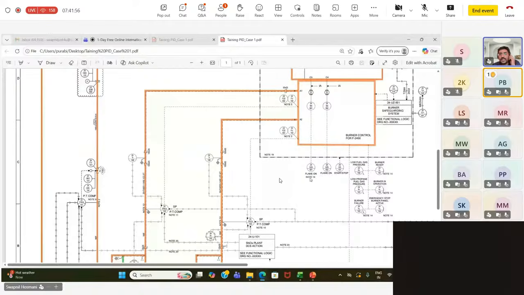In the first two scenarios, the flames would have been established, and only after that would you have taken credit of these, because after a flame blowout or loss of fuel gas supply, there would have been a flame and then it would have shown no flame indication. However, in this case, if there is no combustion air, there is no means of initiating the combustion itself. So that credit would never come into the picture. That is the reason I am not taking any of those credits.